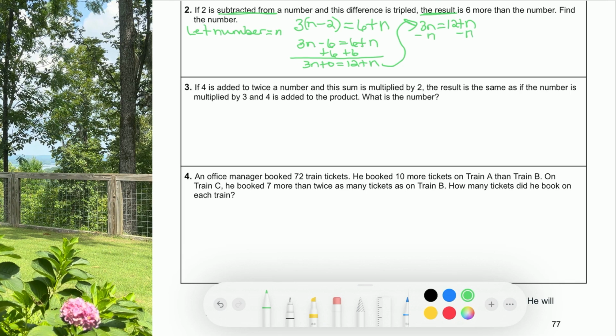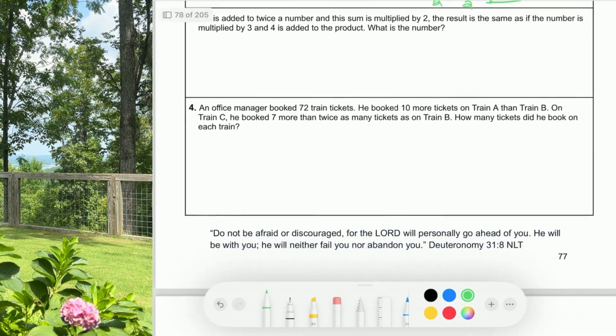Now I'm going to subtract my n from both sides. I get 2n equals 12 plus 0, which is 2n equals 12. Now I'm going to divide both sides by 2, and I get n equals 6. And we have found our missing number.